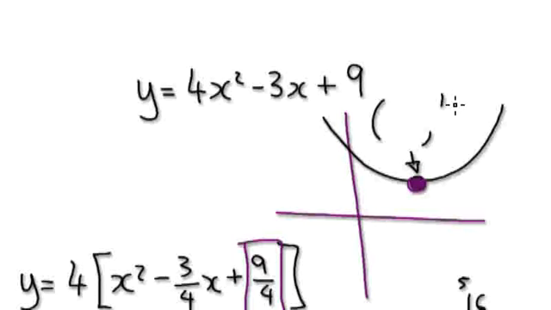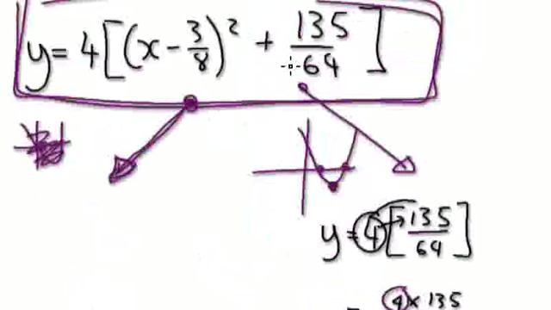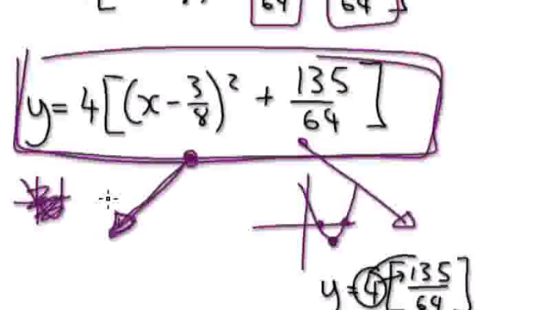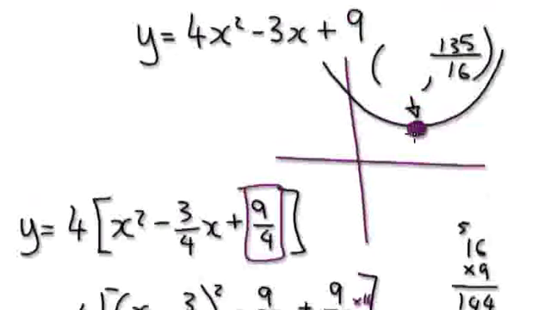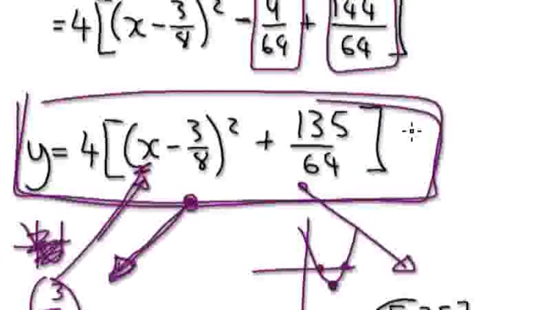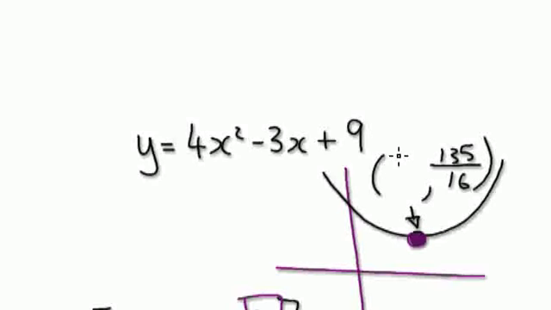And the x coordinate will be, well, remember, if you put positive 3 over 8 into the x here, then that would take you to this point here. So basically, this point here is 3 over 8 for x, and y is 135 over 16. So that's the exact location of this point here.